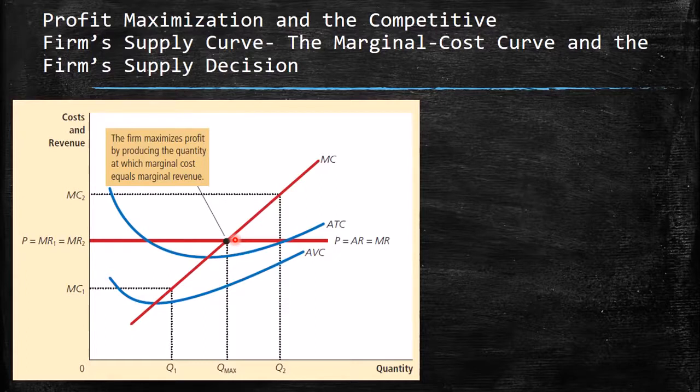Think about a firm that produces 5 gallons of milk, and they say, okay, we're going to produce one more, and the cost of this additional one is going to be $1. And the revenue for this additional one is going to be $1. So then the marginal cost is exactly equal to the revenue.